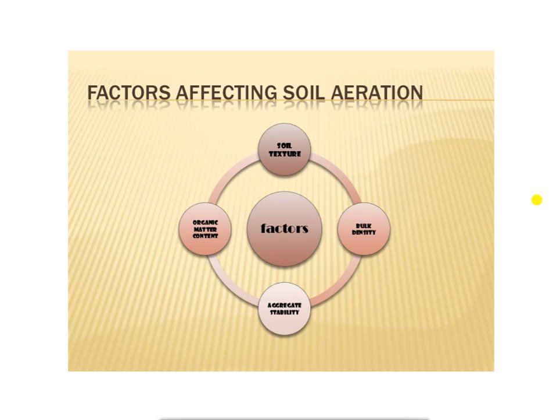Aggregate stability has to do with absorption of moisture. When it is at moist level, there will be more rapid movement of gases between soil air and atmospheric air. Then organic matter content.